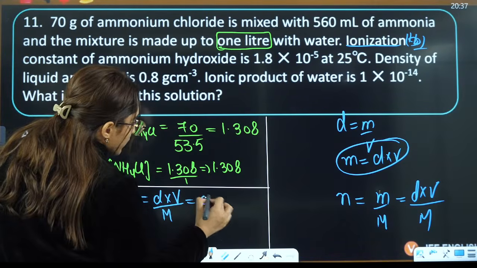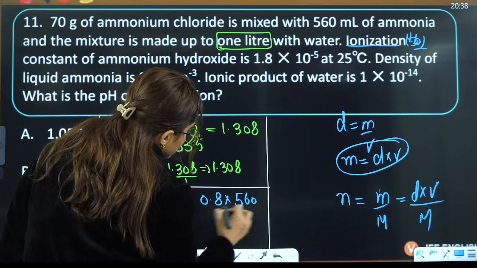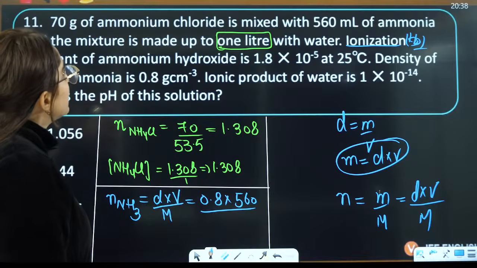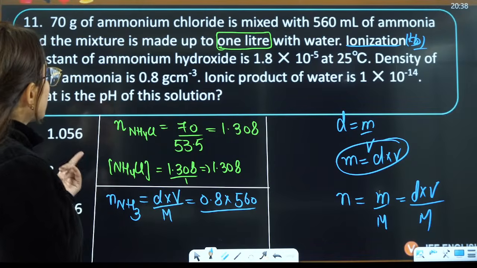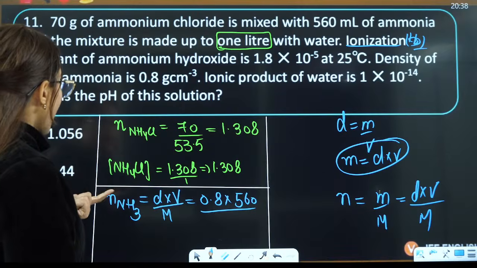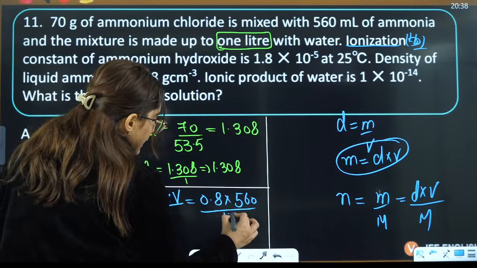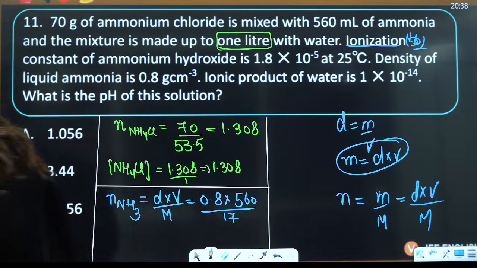Density is given to be 0.8, volume is given to be 560 milliliter, and the milliliter units will cancel out. This is 0.8 and the molar mass is going to be 17, right? So you'll get the answer after calculation.